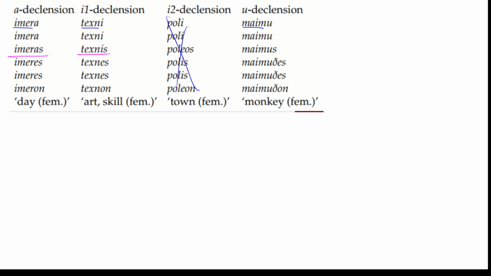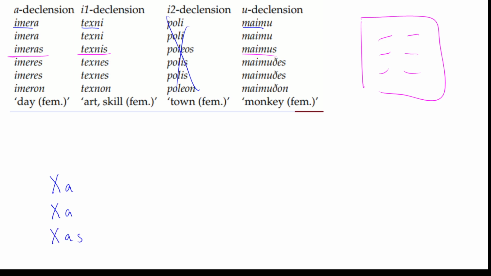I'm going to split it down the middle, so we're going to end up with a box with a 3x2 here. For the A declension, and I'm not going to really label it here, we're going to do XA, XA, XAS for the third one there. Then we have XES, XES, and XON. Okay, so actually I'll just label this as A.